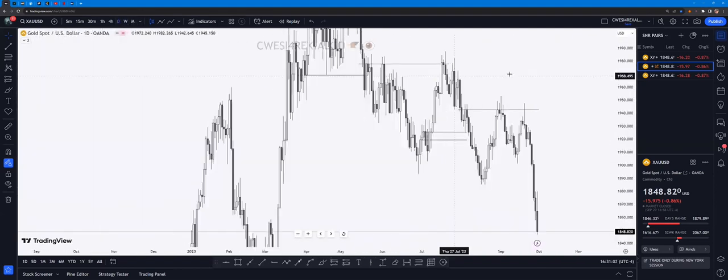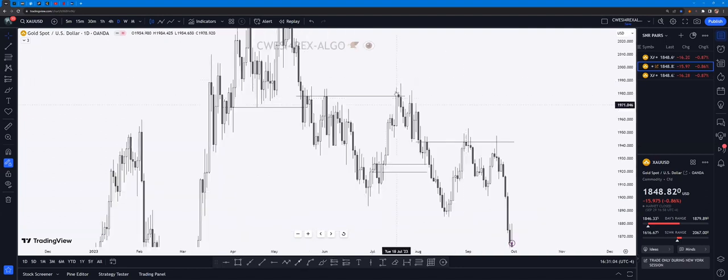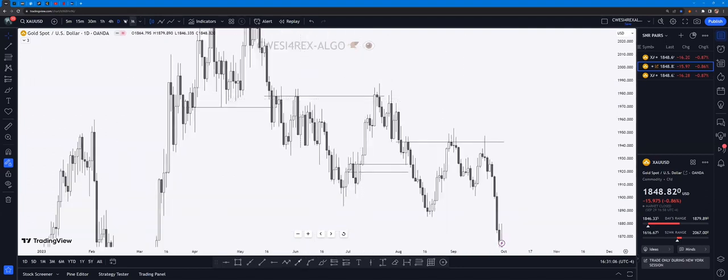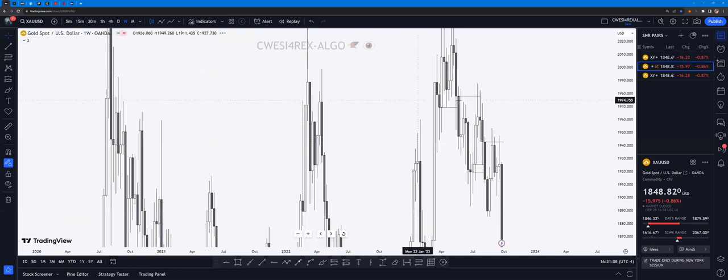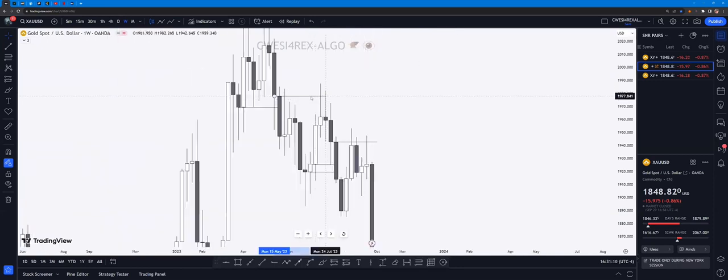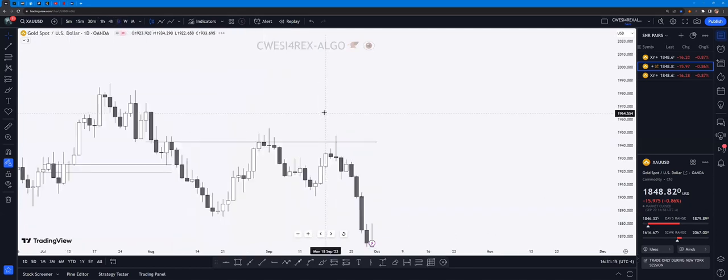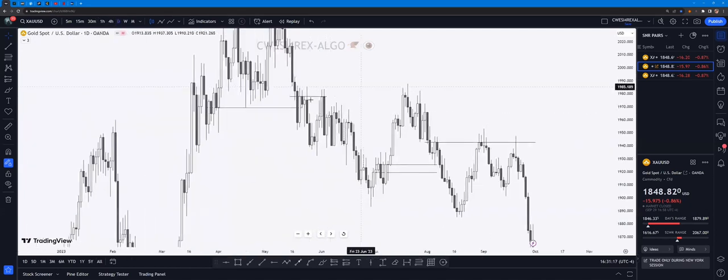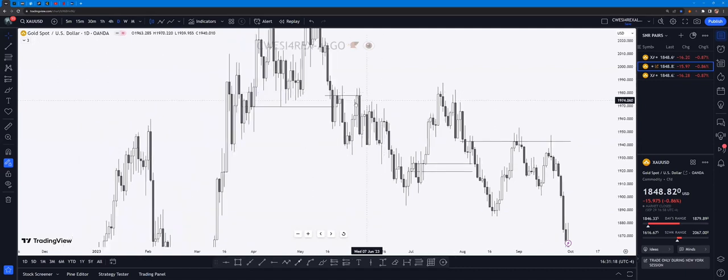So let's quickly go over this one. First, when we have weekly rejecting weekly, we need a daily breakout. You can see price rejecting this weekly over here. Then on the daily time frame, we have this breakout.